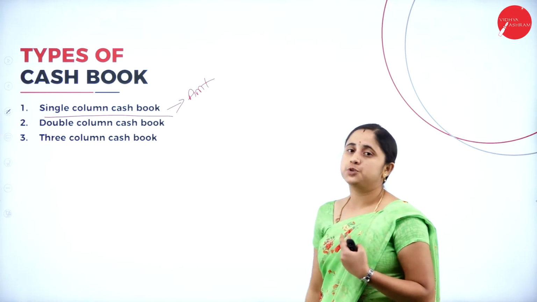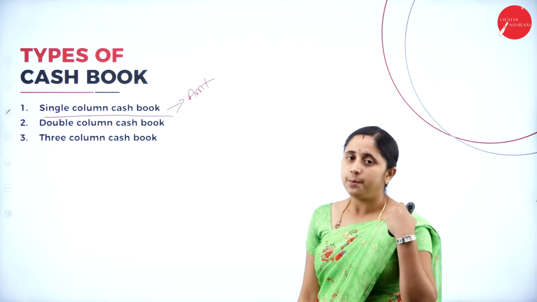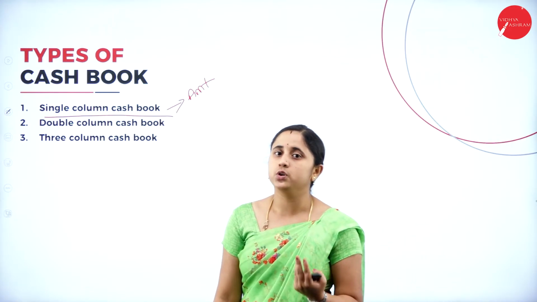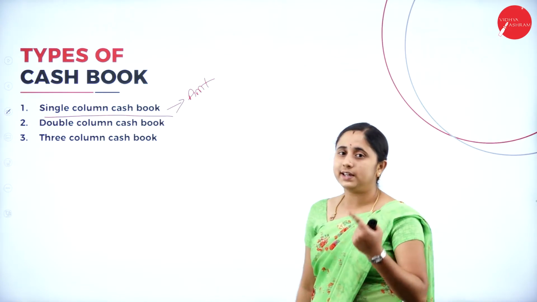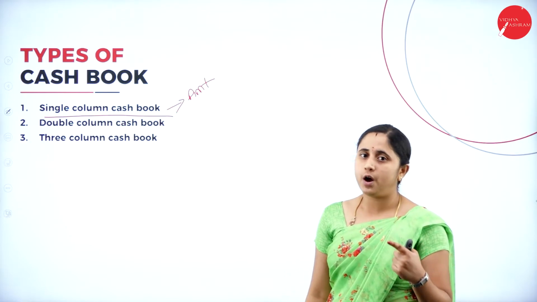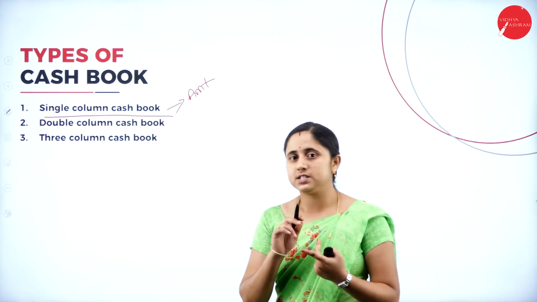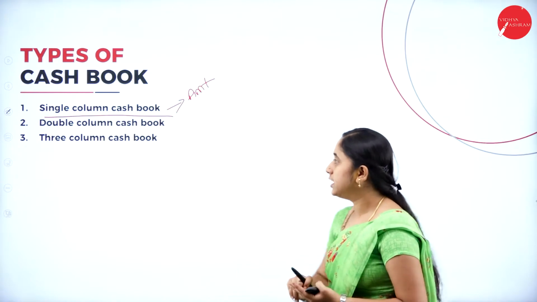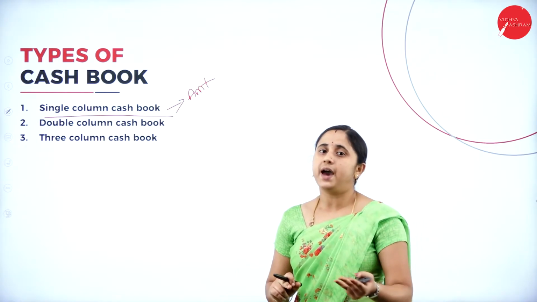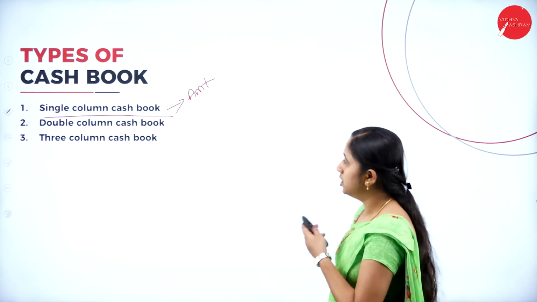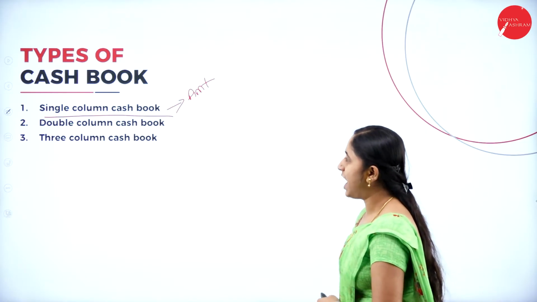In the 3 column cash book, you have cash, bank as well as discount. So, single column means only one column for amount. Two column means discount plus cash. Again, three column: cash, bank and discount. So, this is all about the types of cash book.